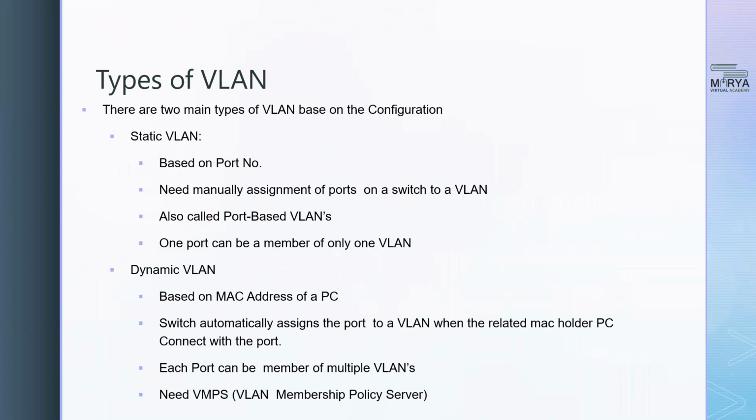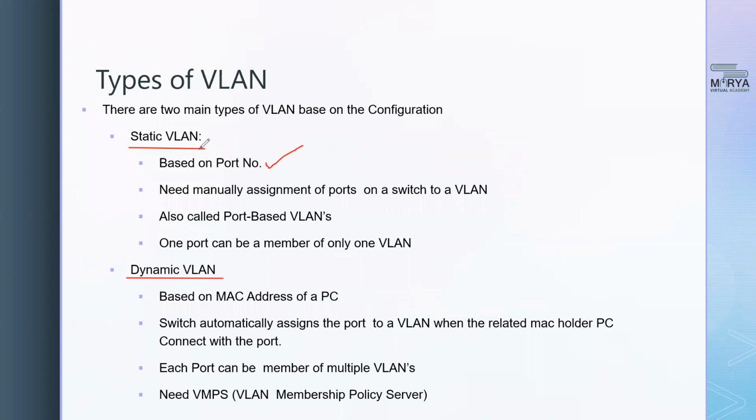Types of VLAN. There are two main types of VLAN based on configuration. The first type is static VLAN. The second type is dynamic VLAN. The static VLAN is also known as based on port number.